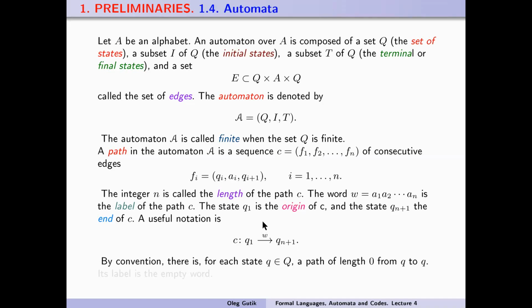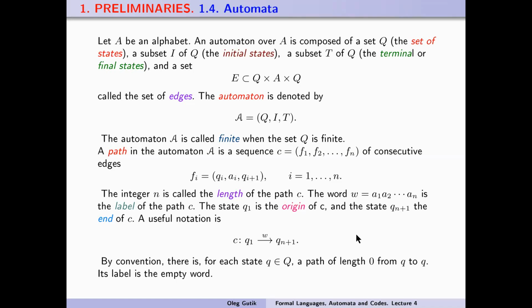By convention, there is for each state q from Q a path of length 0 from q to q. Its label is the empty word.